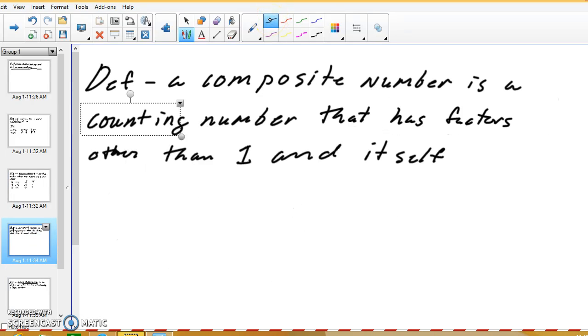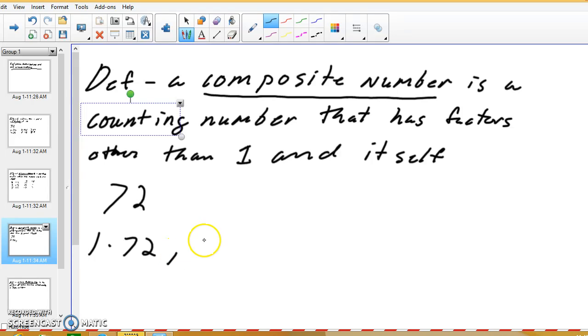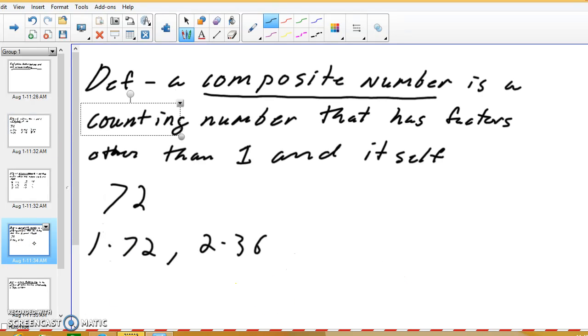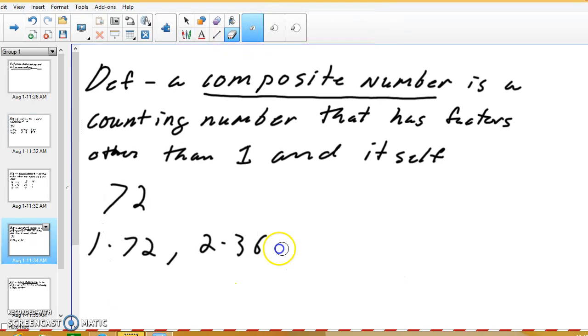So then if those numbers are prime, then what are the other numbers called? Well, these are called composite numbers. And a composite number is a counting number that has a factor other than 1 and itself. So like we said earlier, 72 is an example of a composite number because, yes, it has factors of 1 and itself, but it also has many other factors that we can go back and review over here. So 72 would be an example of a composite number.